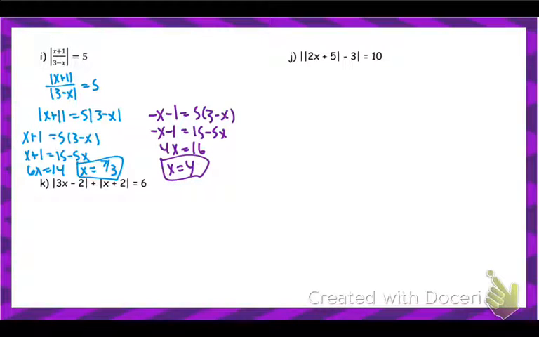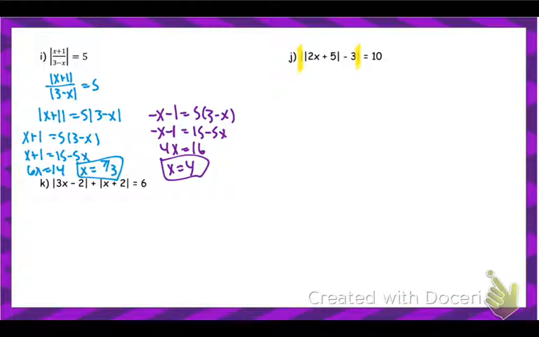All right, so our last two are probably the most intense algebraically. So looking at this first one, what you'll notice, you have an absolute value inside an absolute value. Let's start with the most outside absolute value. That absolute value is already isolated, which means at this point I need to set up two equations.